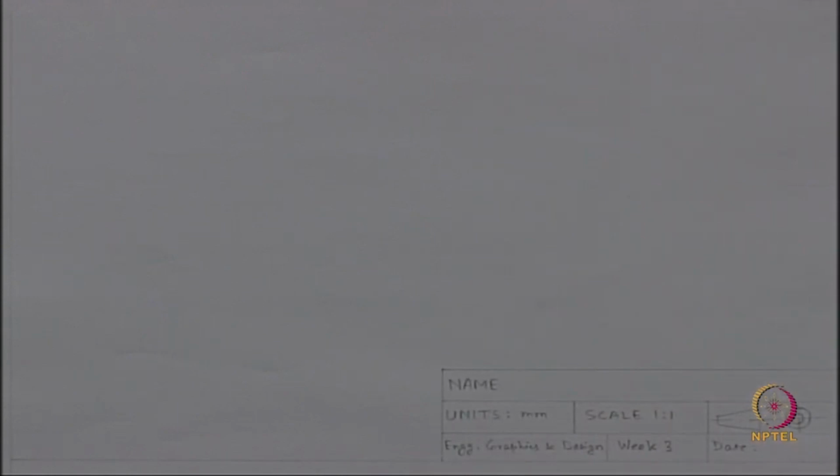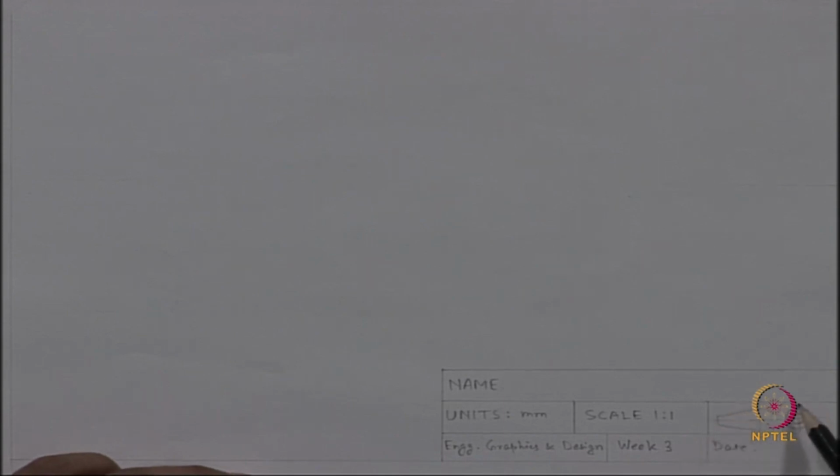While you prepare a drawing sheet, the most important thing is to put the title block here. The title block will consist the name, the units are millimeter here, scale 1:1, we are not changing the scale, whatever has been given in the question paper we are just taking this, the course name, and the sign of the projection.